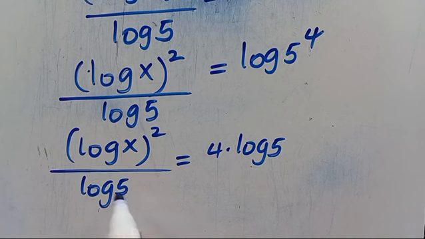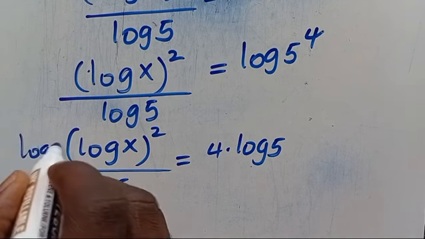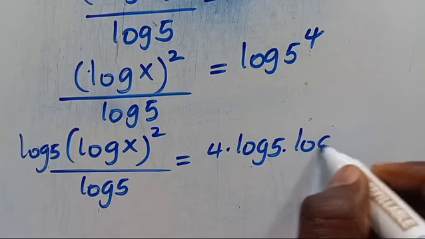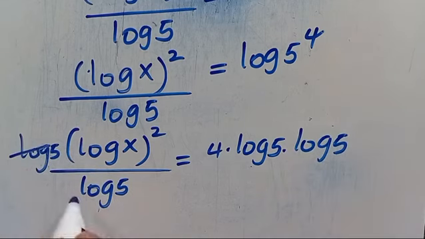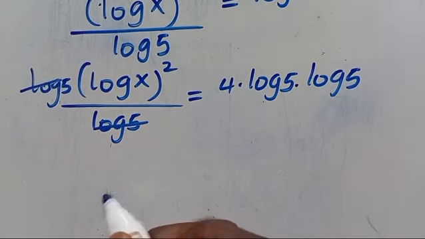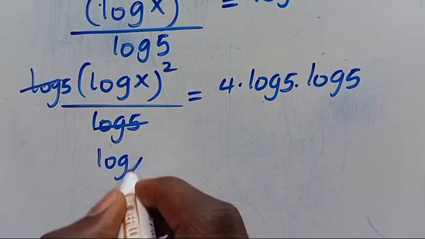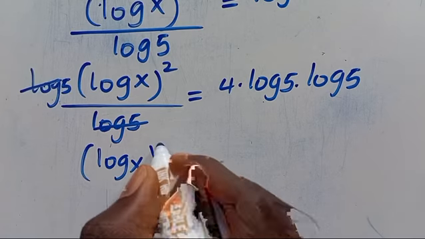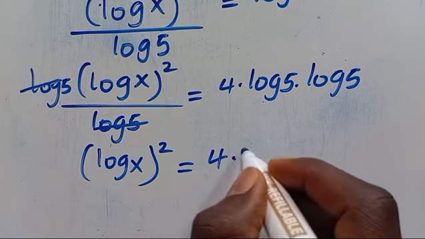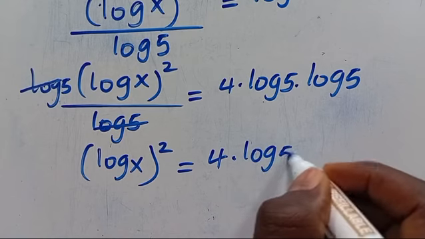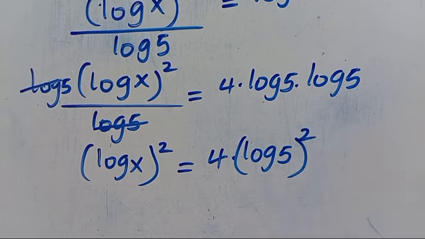So let's multiply through by log 5. This and this will cancel. So we are going to have only log x in parentheses to the power of 2 equals 4 multiplied by log 5 in parentheses to also the power of 2.